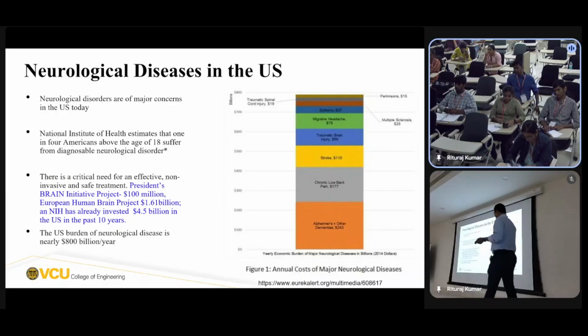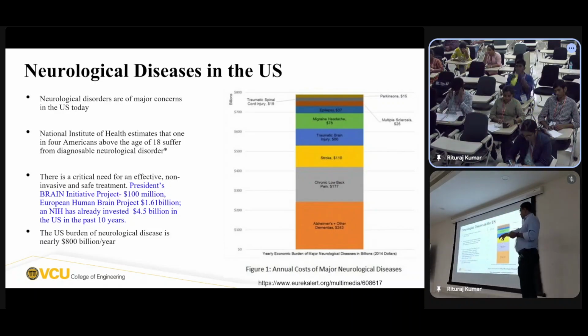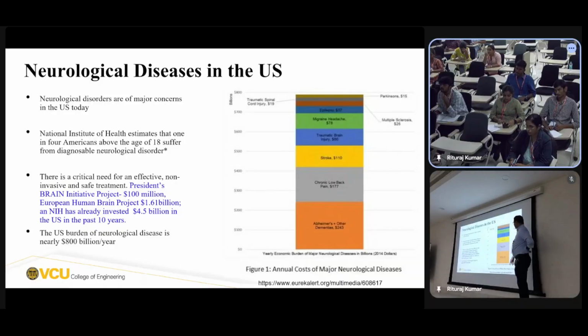The economic burden of neurological and psychiatric diseases is about 800 billion per year in the US, and that is broken down in numbers. Alzheimer's is 243 billion. Chronic low back pain, because of the spinal cord, is 177 billion. Stroke is 110 billion.